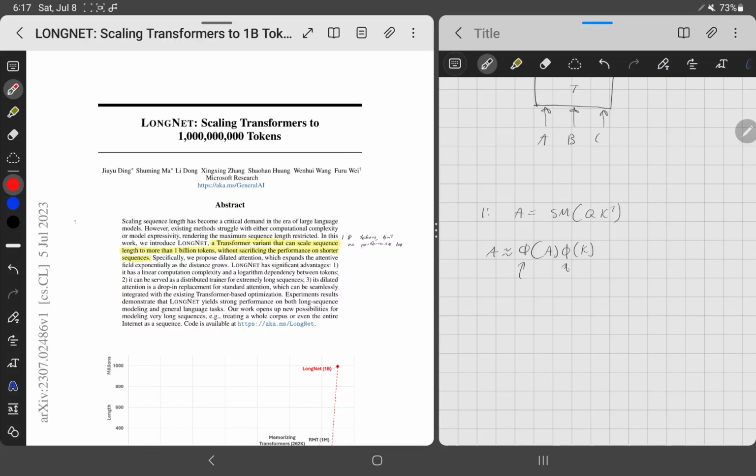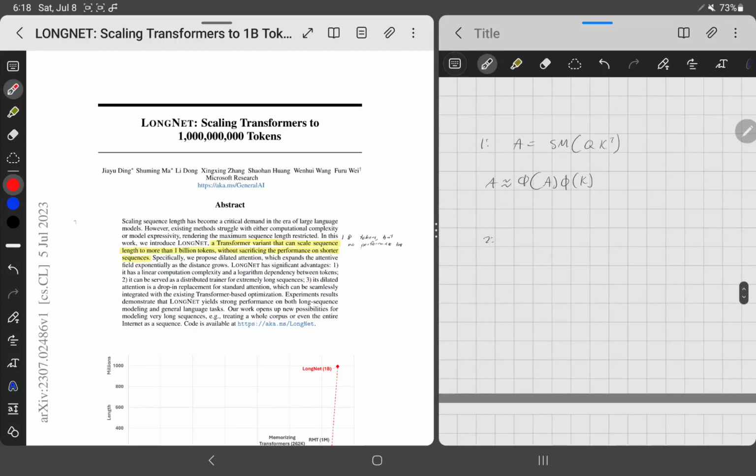If you can find two functions, then you can successfully approximate this, and it makes it not quadratic. It'll make it sub quadratic, and there have been methods to do this, but they haven't really proven to be super good. So that's one way of going about this.